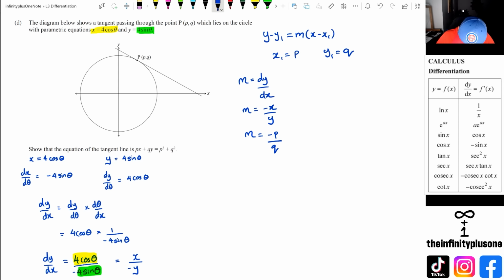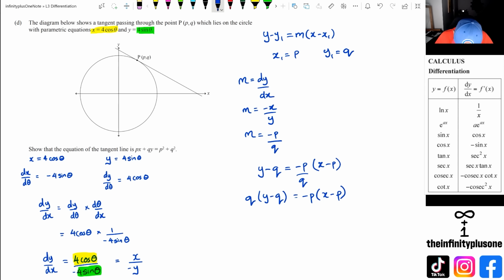So now I could write down the equation of the straight line. So I've got y minus q equals m, which is minus p over q, times x minus p. So now it's just a matter of rearranging everything so that I could get this particular proof. So I'm going to cross multiply the q, bring it across. So I'm going to get q times y minus q equals minus p times x minus p.